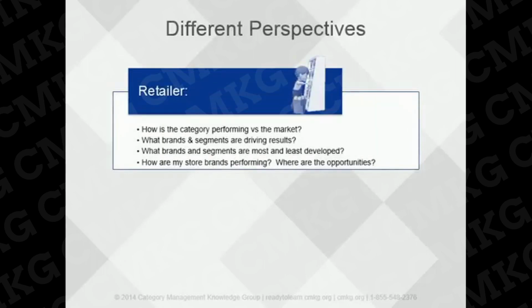It's important to note that there are different perspectives that can be taken when completing a category health assessment based on different retailer and vendor perspectives. For the retailer, their focus will be primarily on understanding how the category is performing for them versus the market and what is driving these results.